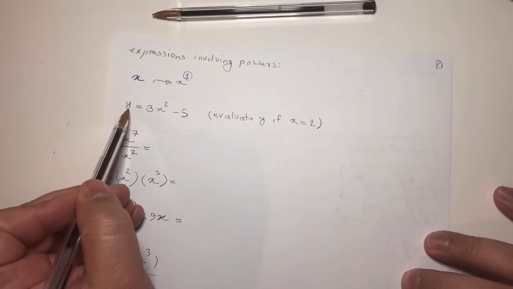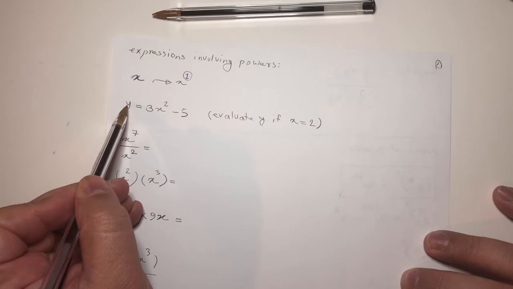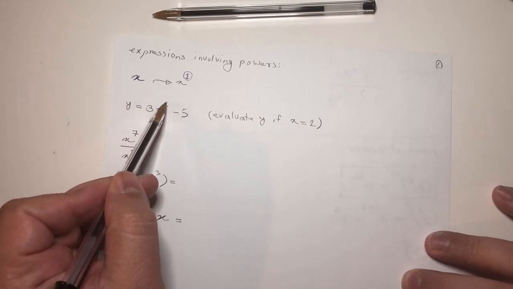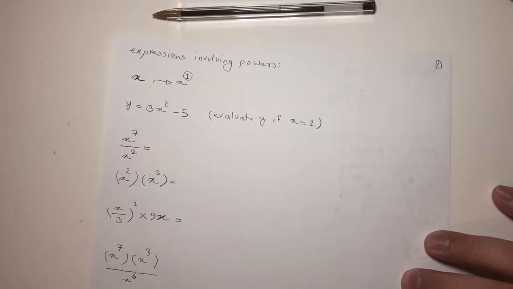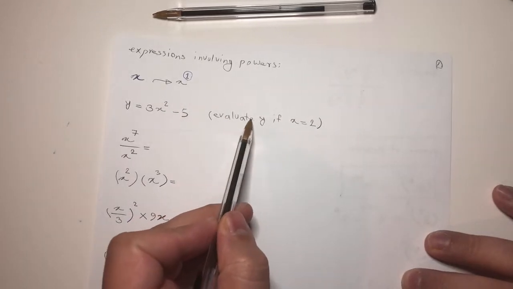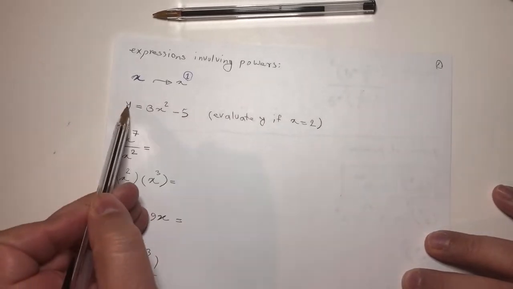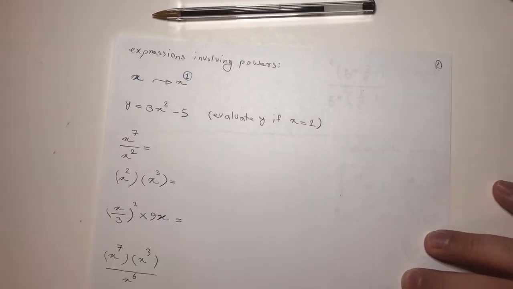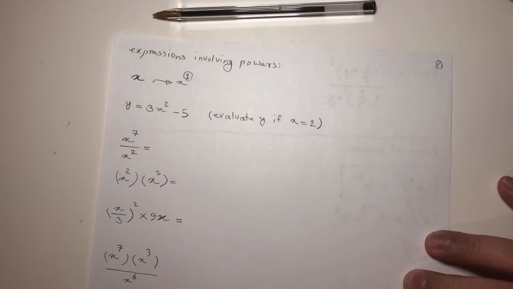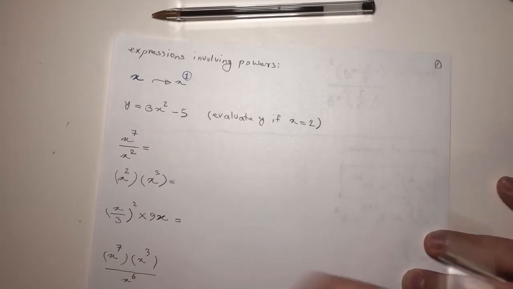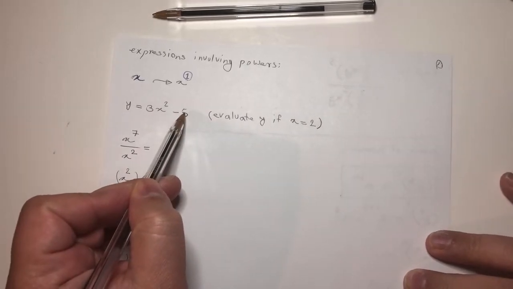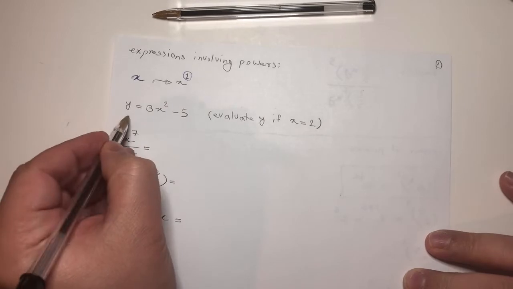Let's look at the first example. We have y equals 3x to the power of 2 minus 5. We want to evaluate y if x is equal to 2. So what we do here, we have to replace x with 2 and see what we get, okay?